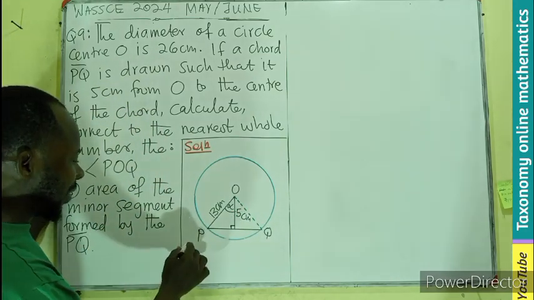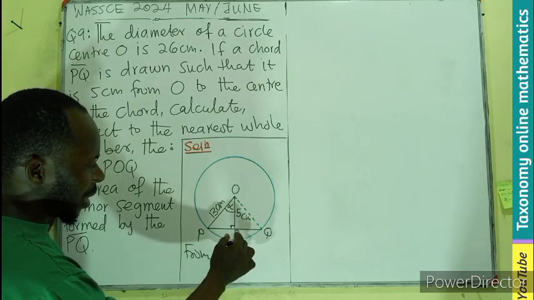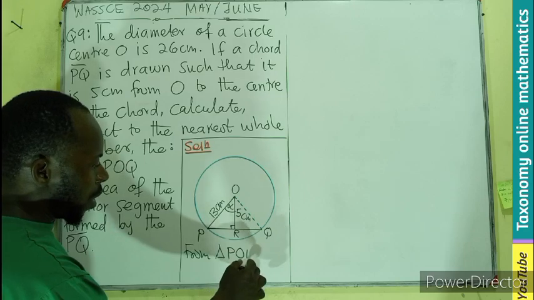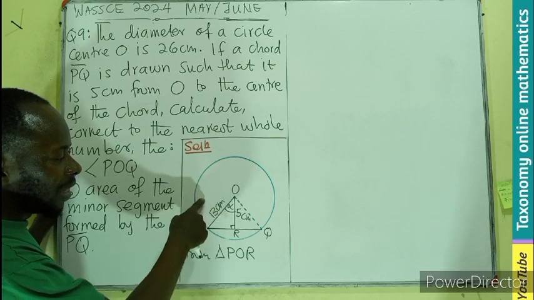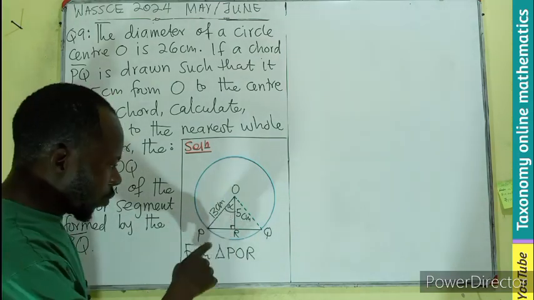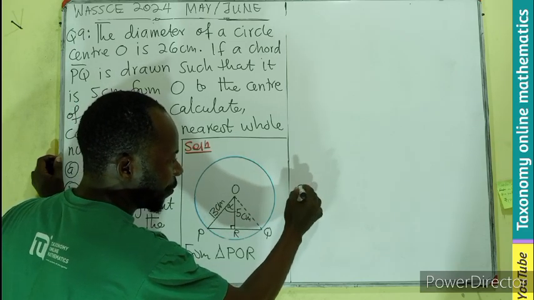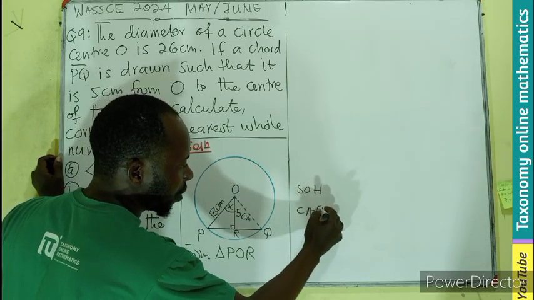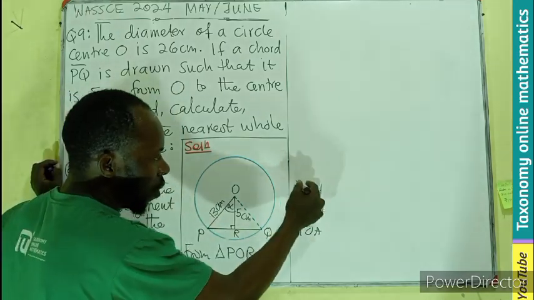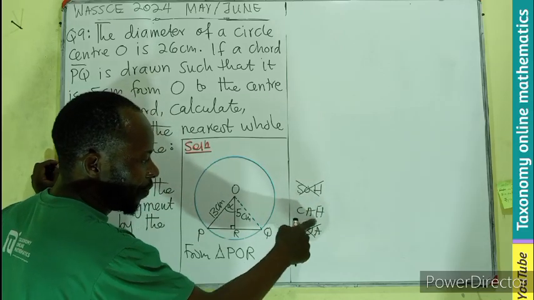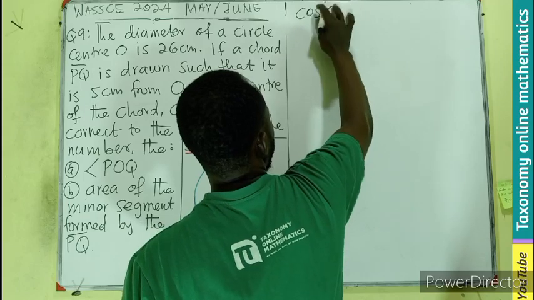Looking at that, let's label the triangle POR. This is the angle, facing here as opposite, hypotenuse, adjacent. We don't need the opposite, so we cross out all that contain O. We are left with CAH, meaning we need cos of alpha.